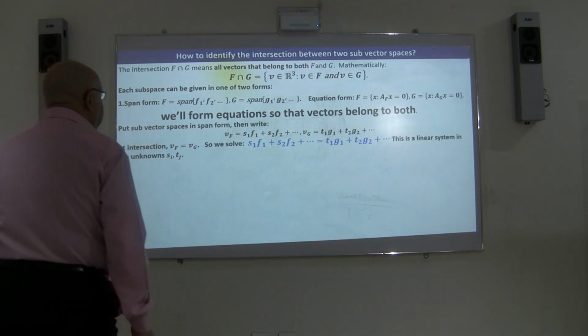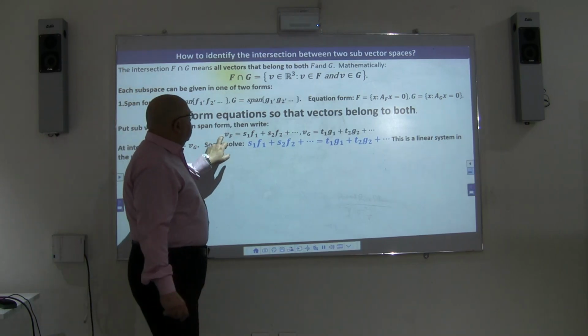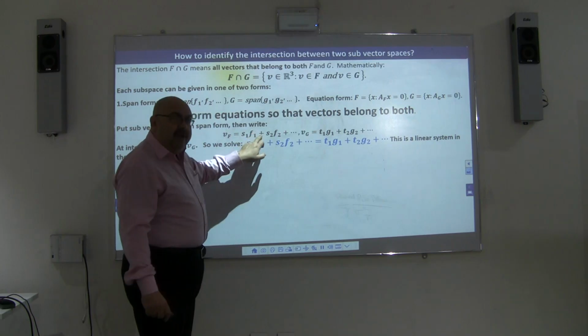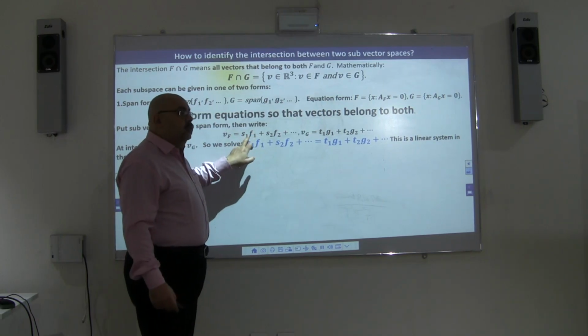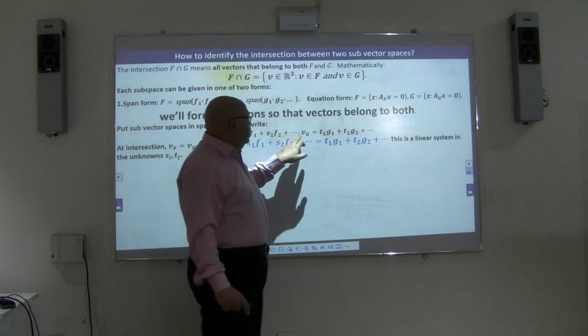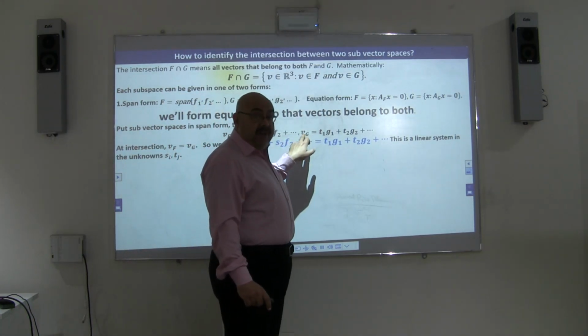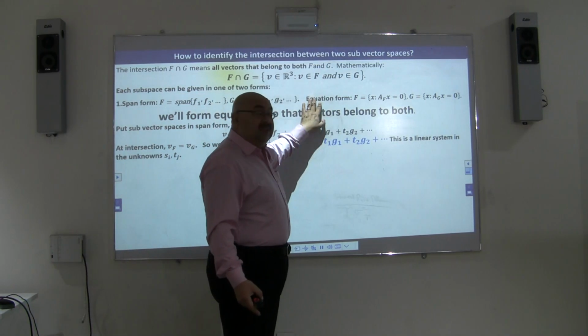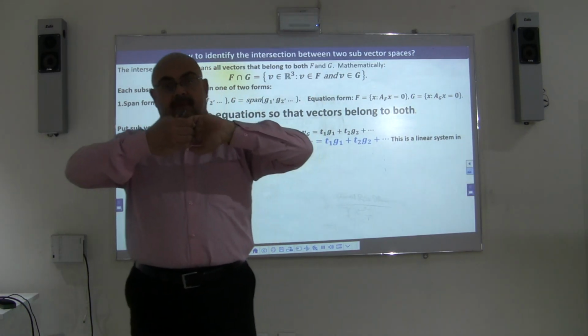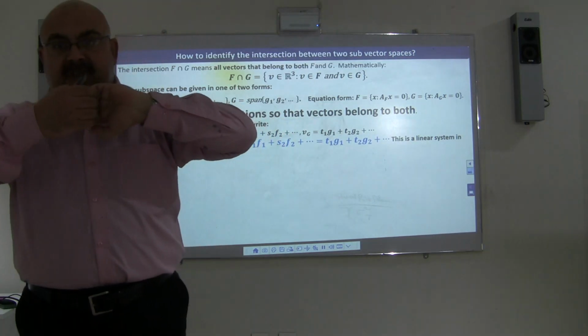So I can express V, which belongs to F, as k1 f1 plus k2 f2 and so on, where k1, k2 are all constants. In the same way, I can express the same vector as a linear combination from the second set. The intersection means these two vectors should be the same.